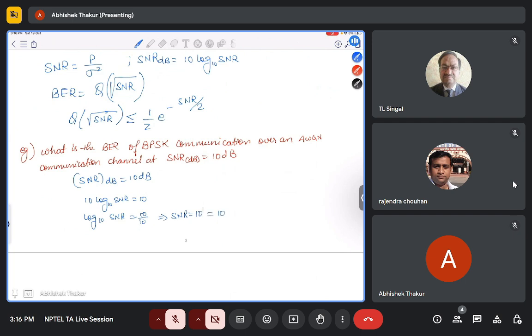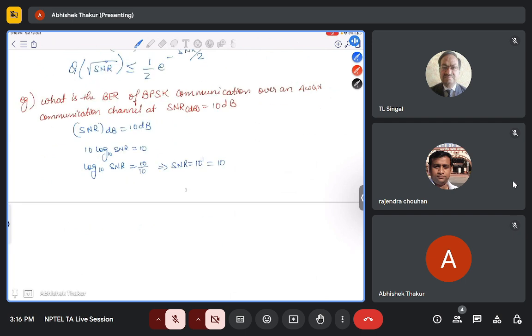So this will become 10 only. So we all know that bit error rate is the Q function of square root of SNR. So here it is equal to Q of root 10. So this value is around 7 point something, we can see in the Q table, into 10 to the power of minus 4.